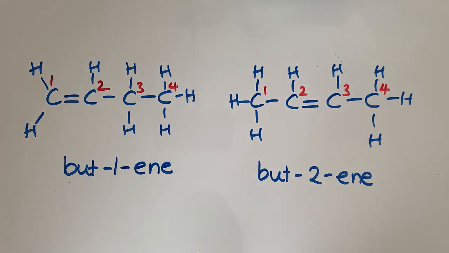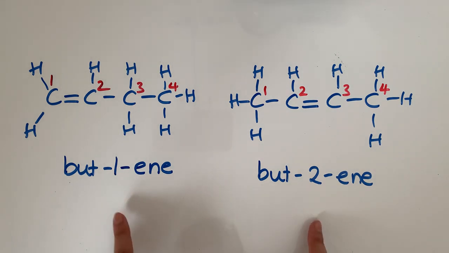Okay. These two molecules here obviously have the same molecular formula, but they have different structural formulae. So that means these two molecules are structural isomers of each other. And that's what we looked at when we were looking at alkanes, and you can have that within alkenes as well.